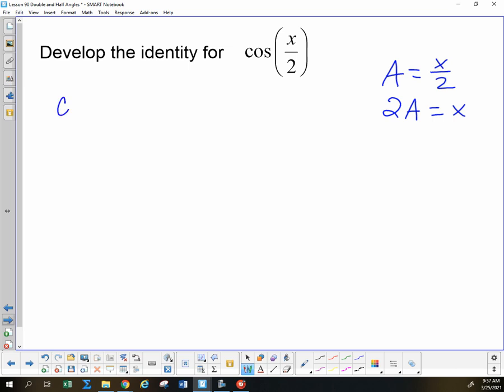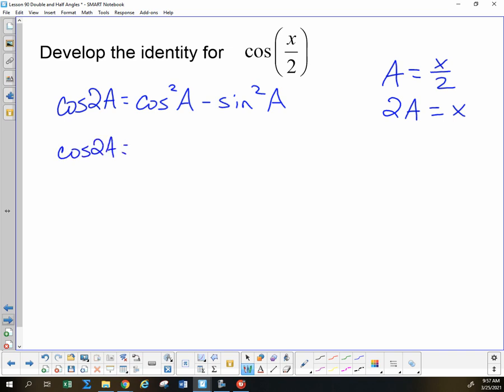We realize that the cosine 2a identity is the one that's going to be most helpful in getting cosine equals square root of something. So once again, we start out by writing down cosine of 2a is the cosine squared of a minus the sine squared of a. Make sure you do not turn that around the other way. Okay, I'm going to keep the left just like it is.